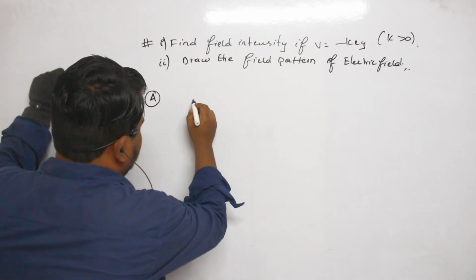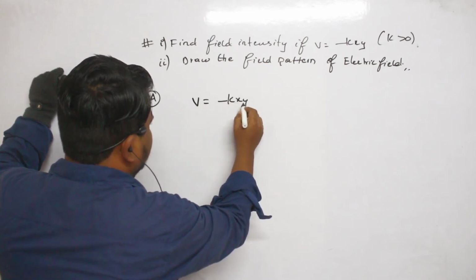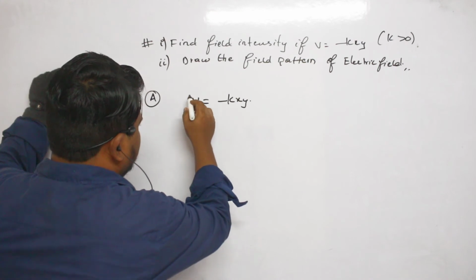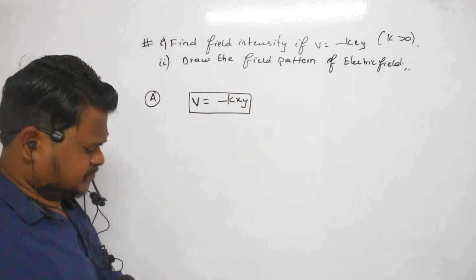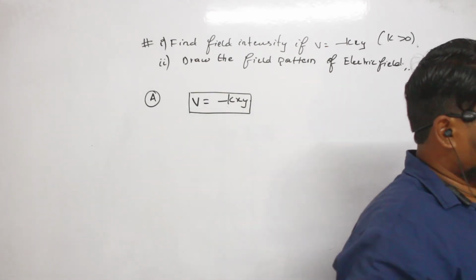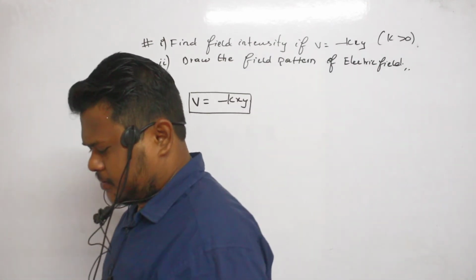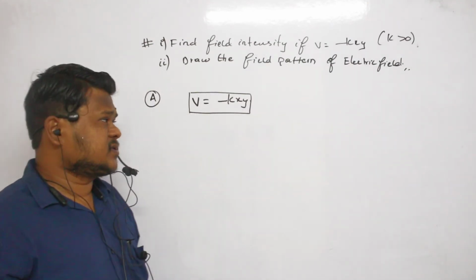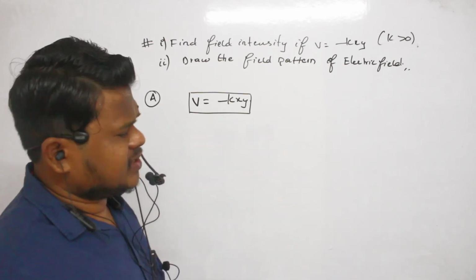So the given potential equation is what? V is equal to minus kx into y. So by looking at this potential equation, again what do you understand? Here potential is changing with respect to the x-axis also and the y-axis also.